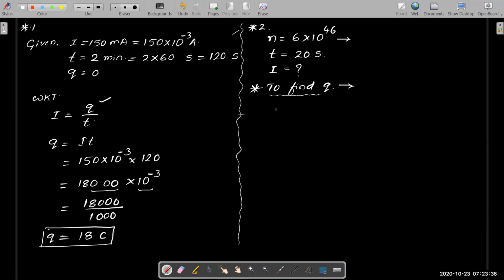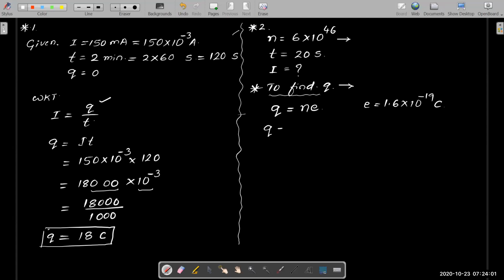What equation we have? Q is equal to N into E. N is the number of electrons and E is the charge of one electron. And we know that the charge of one electron is 1.6 into 10 raised to minus 19 coulomb.